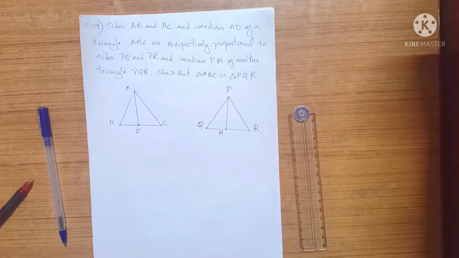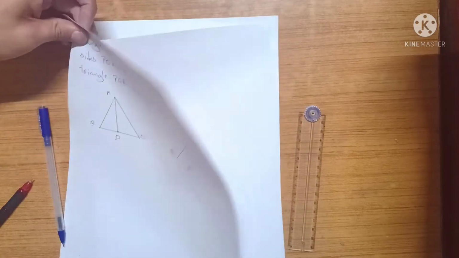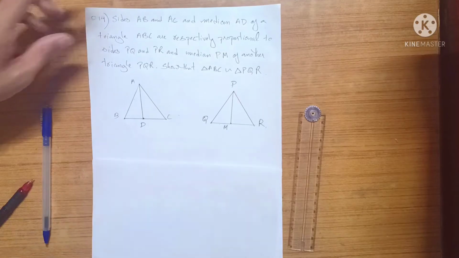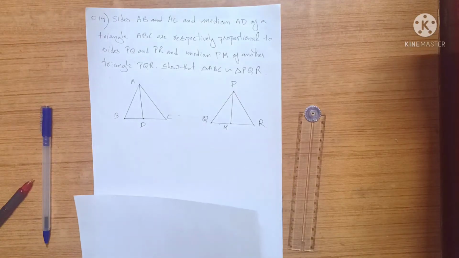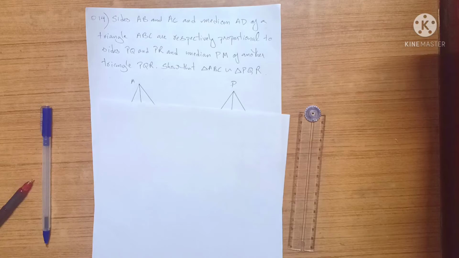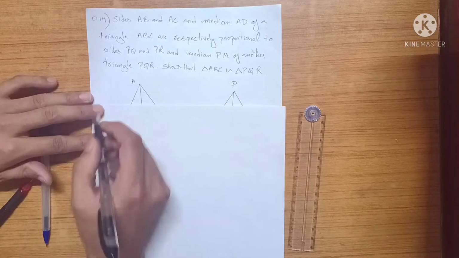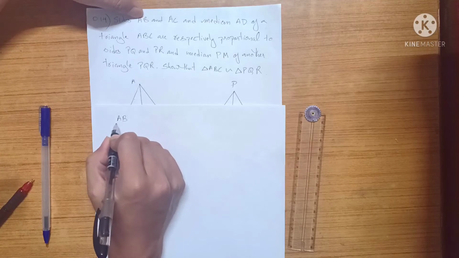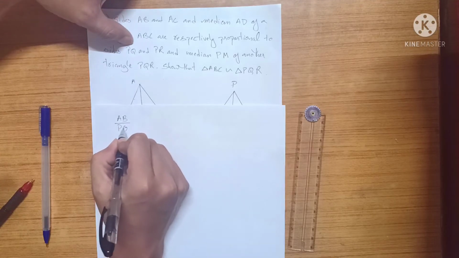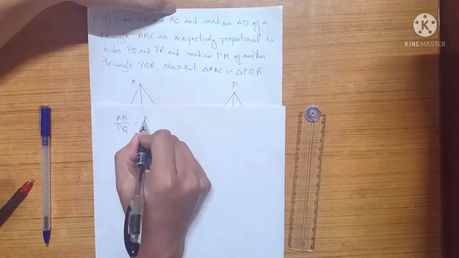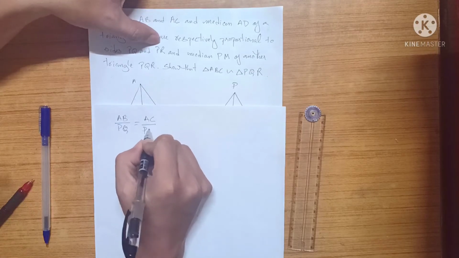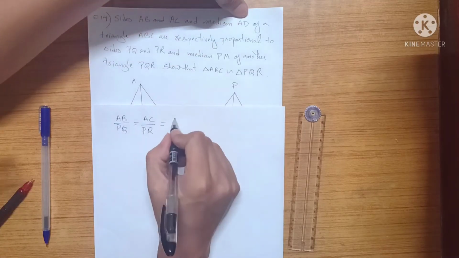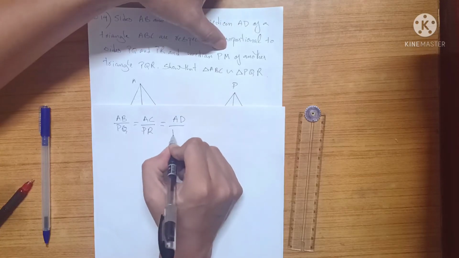The problem with this question is what they've given us: AB by PQ equal to AC by PR equal to AD by PM.